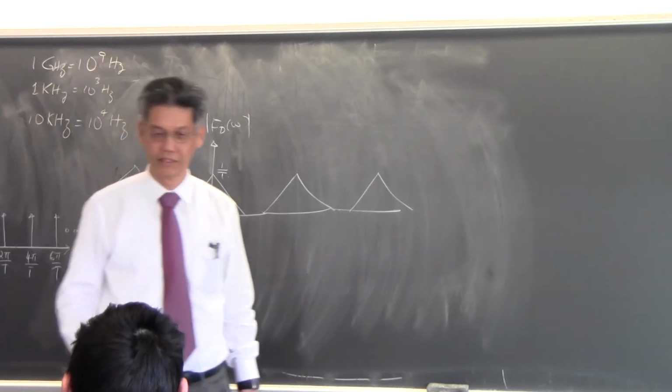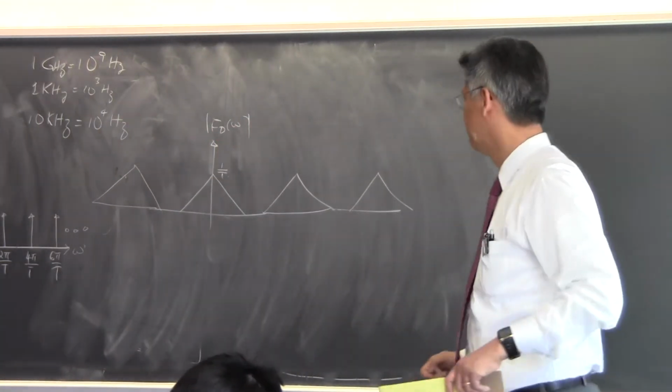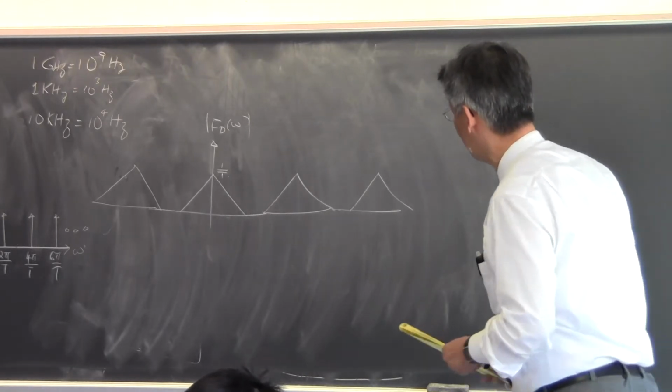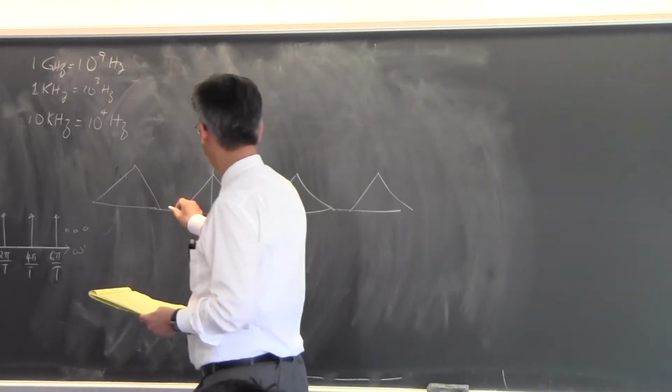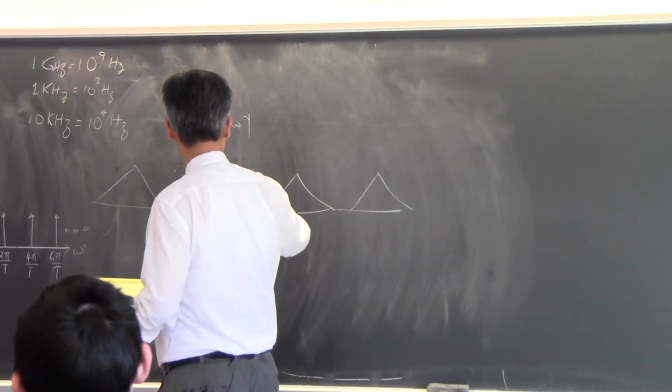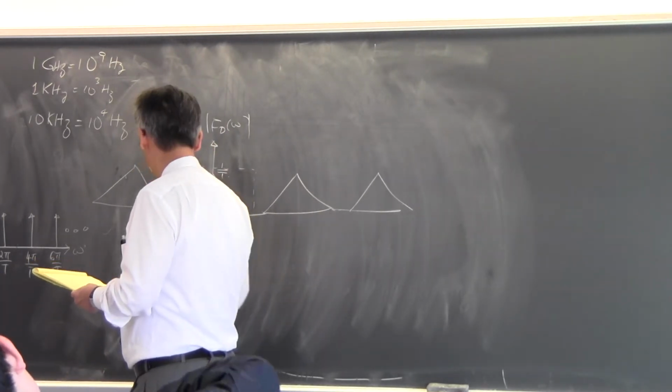Okay, they have repetition of that thing. And then, so if you want to design the low-pass filter, the low-pass filter should look something like this and re-equalize the amplitude.